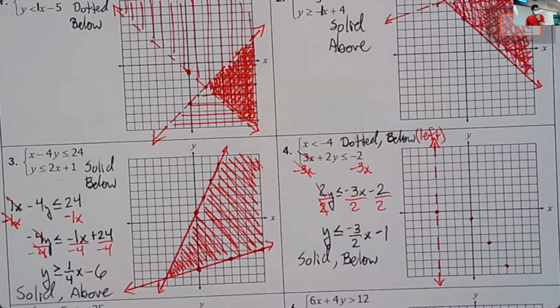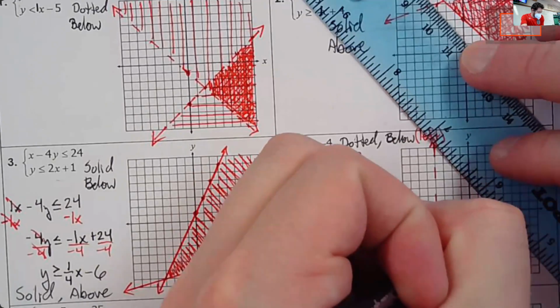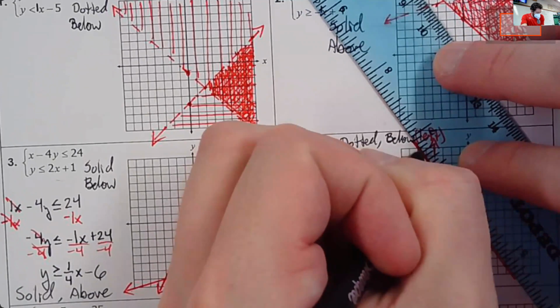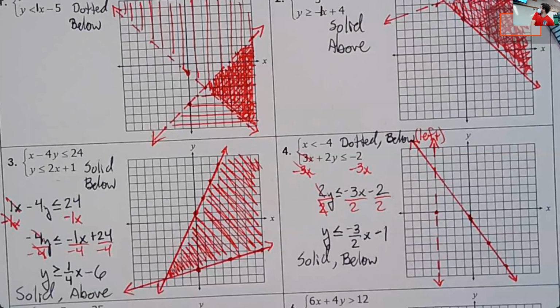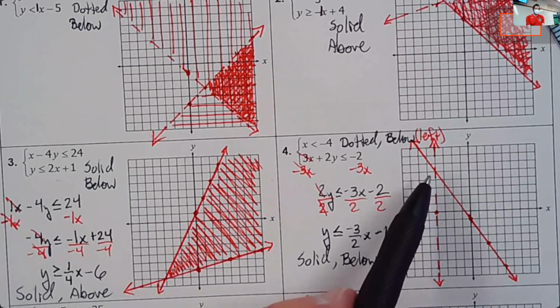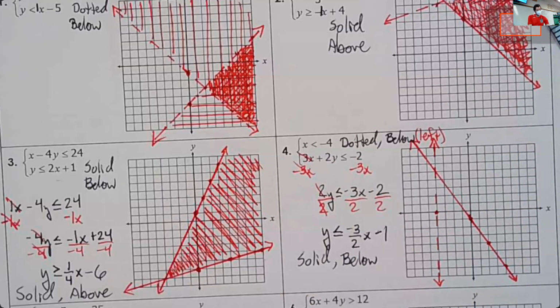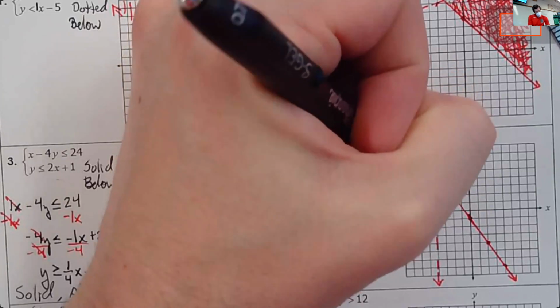We're going down 3 and over 2, and so we've got our line here. We're going with a solid line this time. Straight through there. And this one is also being shaded below, but literally below on this one. And so if we're going to the left of the vertical line and underneath the diagonal line, the area of the graph that we'll end up shading in, where both of them will be shaded at the same time, is going to be this part right here.